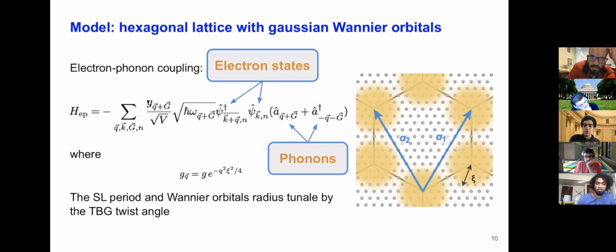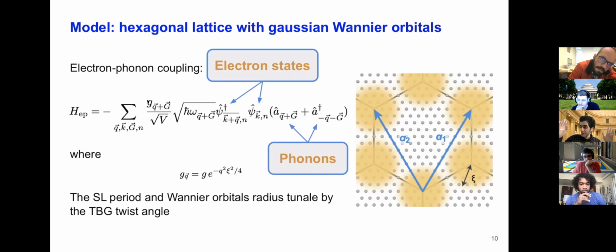And why is that so? I will later talk more about this in a more microscopic model. But what you can think is that the localization of the Wannier orbitals in real space gives me some spread of my Bloch state in the momentum space, where if I have a more localized Wannier orbital in real space, that will translate to a more spread Bloch function in momentum space.